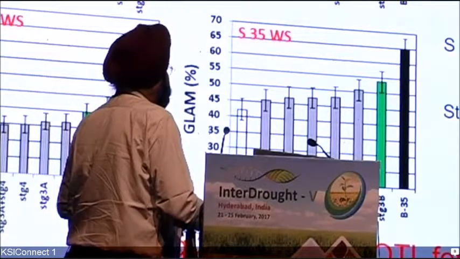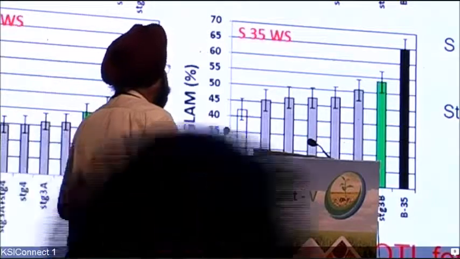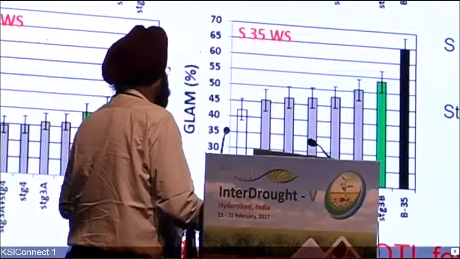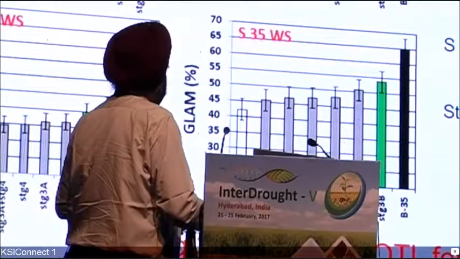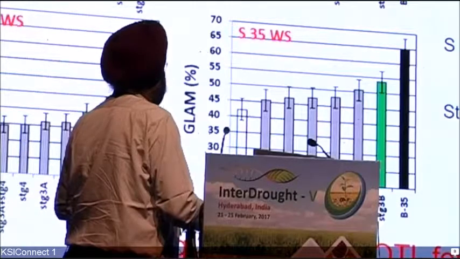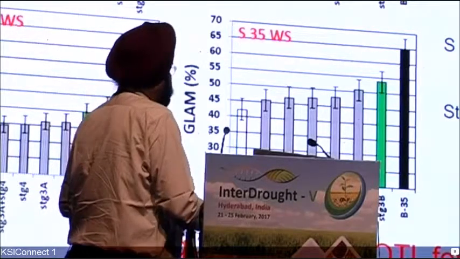There is improvement in the S35 background also, but not much compared to R16. So it is confirmed that stay green 3B is the major QTL governing this green leaf area.